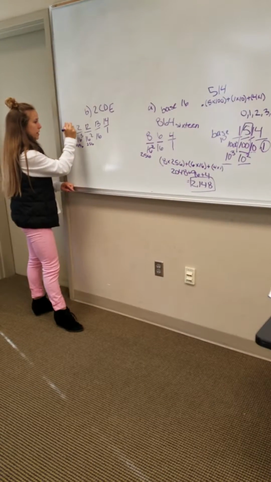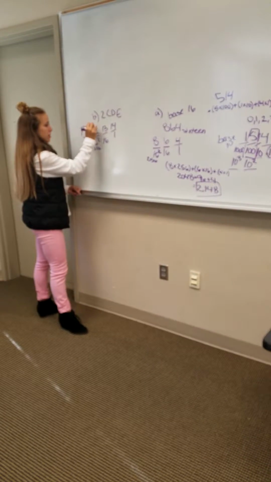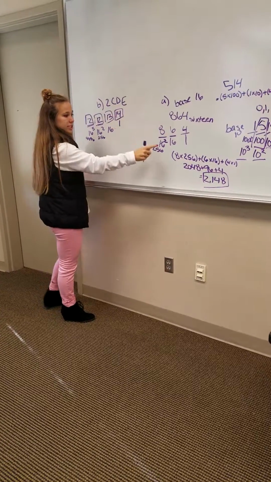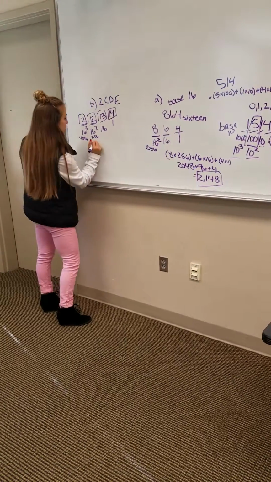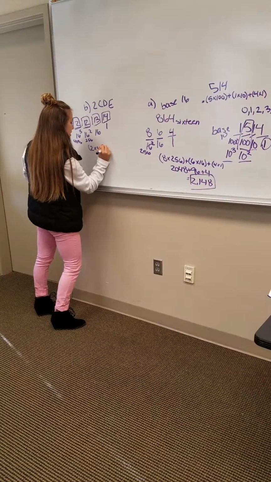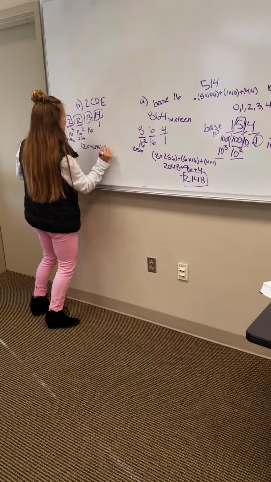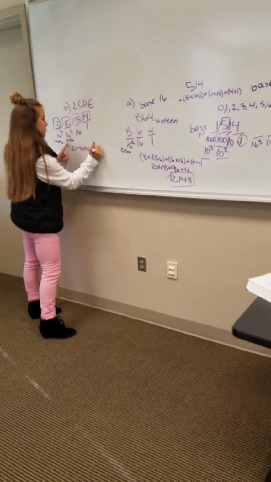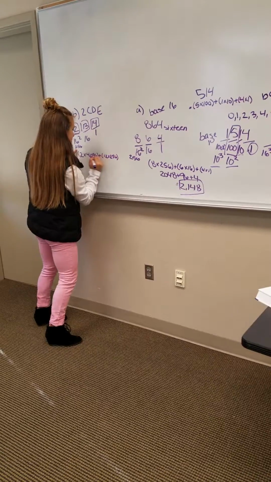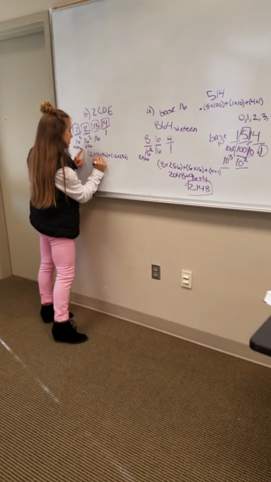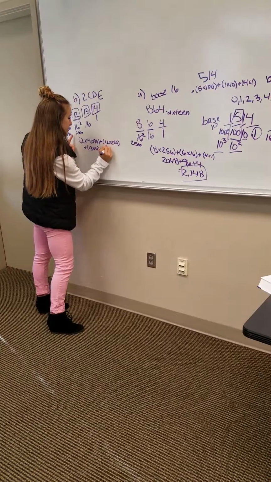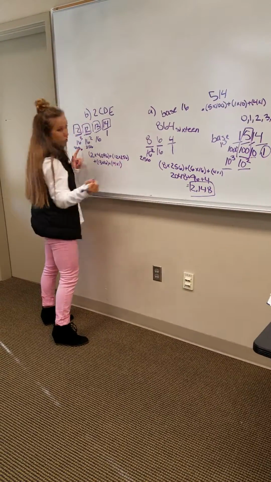Then we're going to multiply each number times that place value, and then add them all up, just like we did for part A. So we'll get 2 times 4,096 plus 12 times 256, plus 13 times 16, plus 14 times 1.